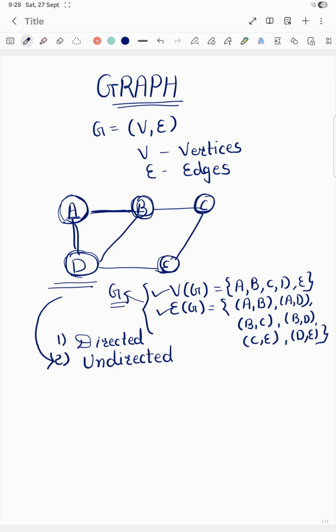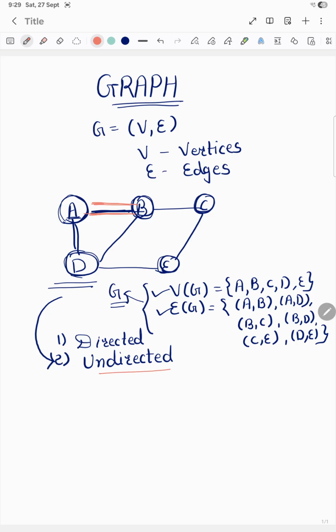I'm having an edge between A and B, so it might be from A to B as well as B to A. There is no strict rule that this edge is going from A to B only or coming from B to A only. It's not like that. So this is an undirected graph.